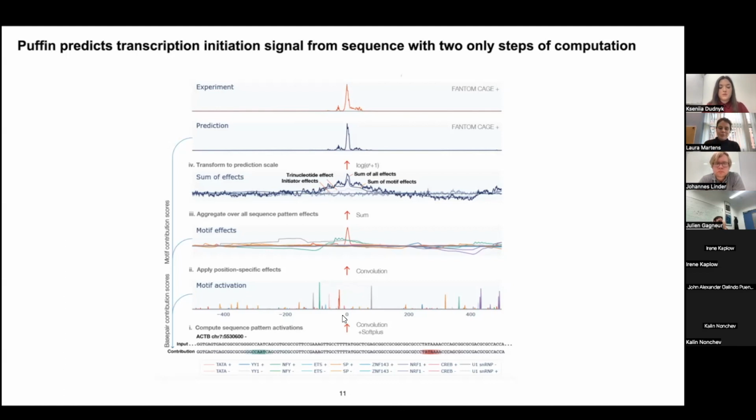And using Puffin, we can now differentiate which motif or which base pair contributes to this specific promoter and which does not contribute. And the last thing is that Puffin learned from scratch the motifs needed for transcription initiation and the effect of every motif.